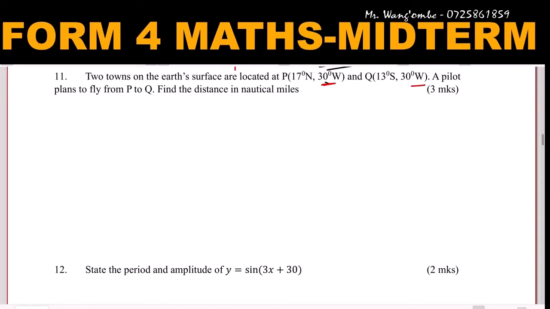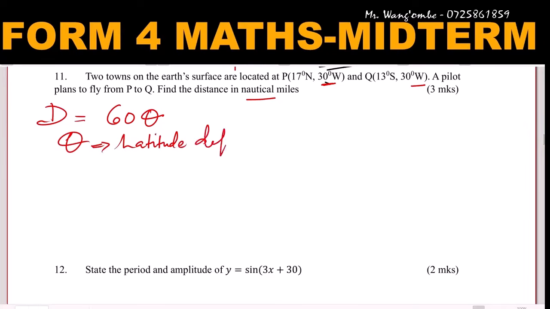So how do we get the distance along the great circle in nautical miles? Distance is given by 60 multiplied by the latitude difference, where theta is the latitude difference.